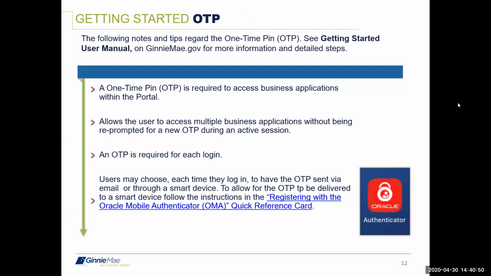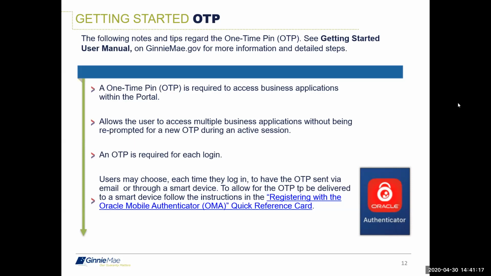I highly, highly, highly recommend that you register with the Oracle Mobile Authenticator, and here is why. We have heard that users have delays in receiving the OTP email that have absolutely nothing to do with MyGinnieMae.